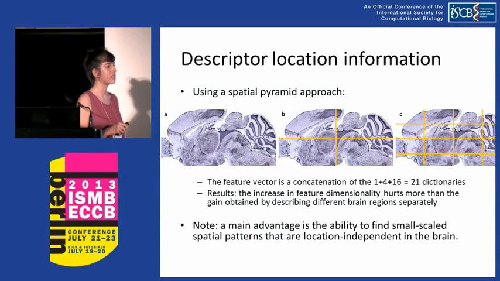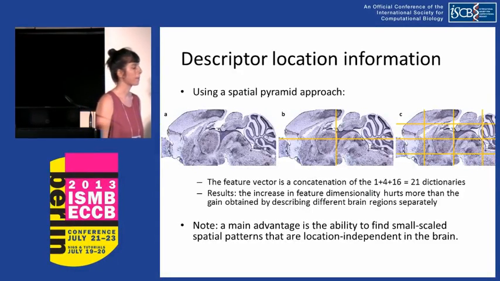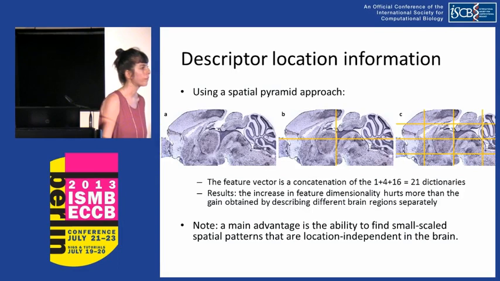Then your feature vector gets inflated, because you don't have one dictionary, you have 1 plus 4 plus 16, and it inflates. We looked at our results, and they were inconclusive. So we figured that the increase in dimensionality hurts more than the gain we obtained by using some spatial information. But great question.